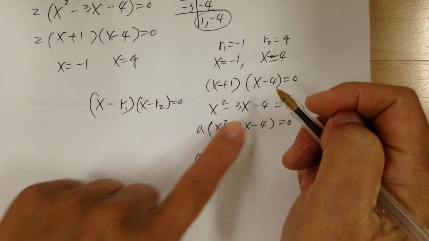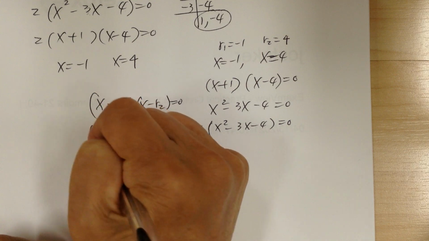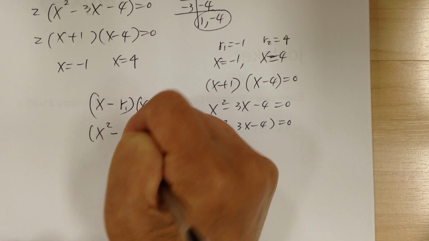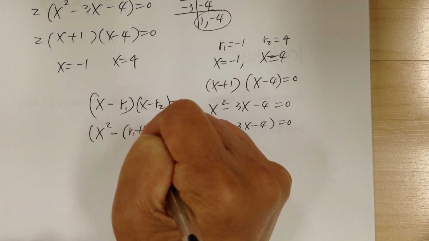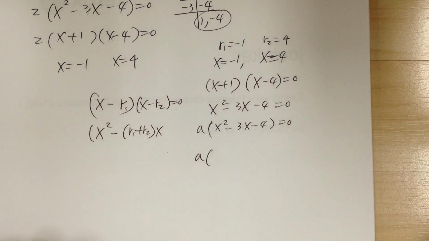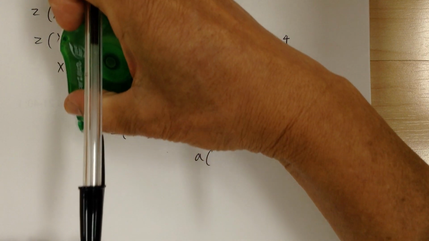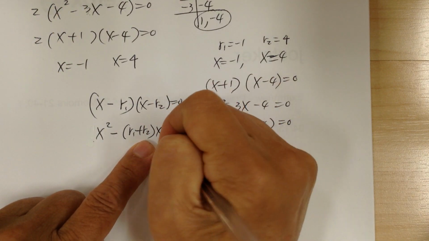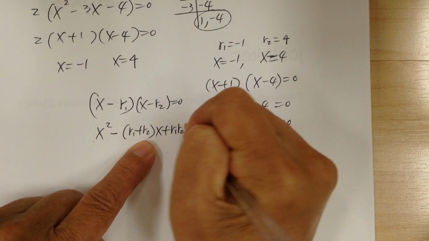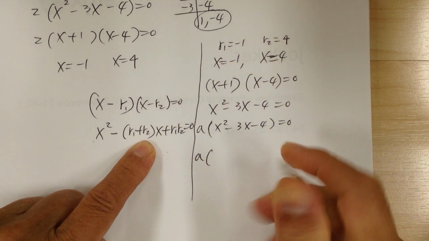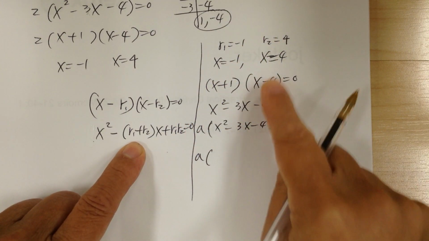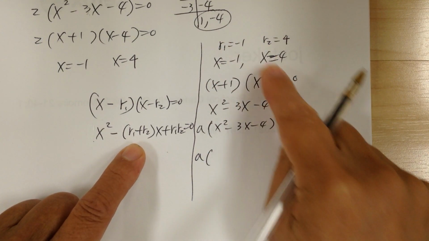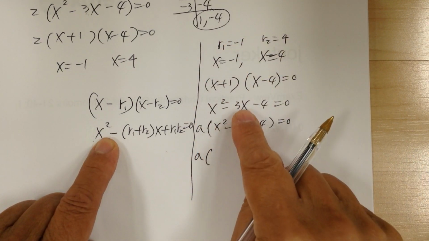When you multiply out, this step gives x squared minus (R1 plus R2)x, and we just generalize, plus R1 times R2 equal to 0. So this step is this step. If you multiply, you get that, and when you add, you take the opposite, you get that.